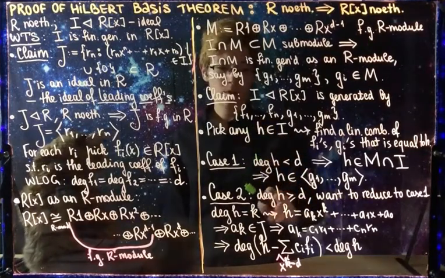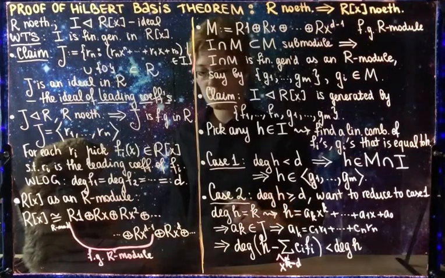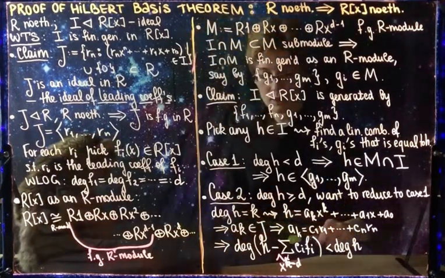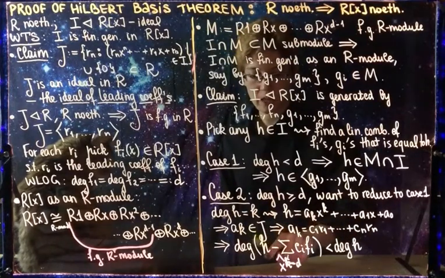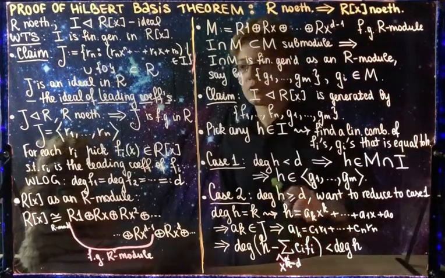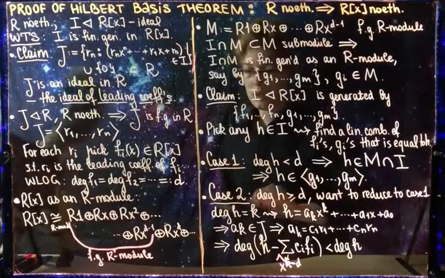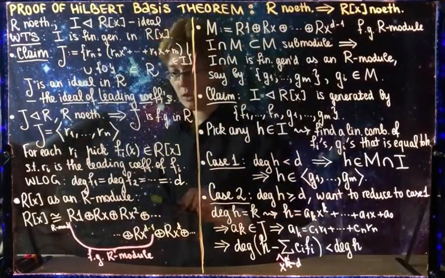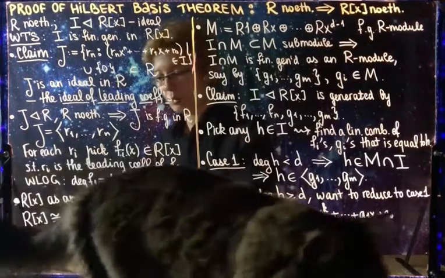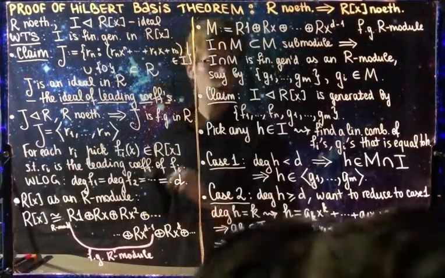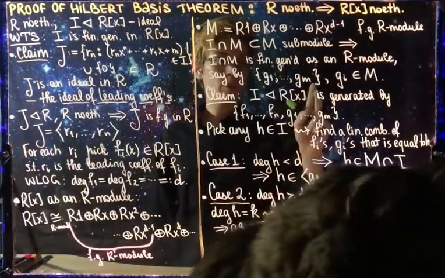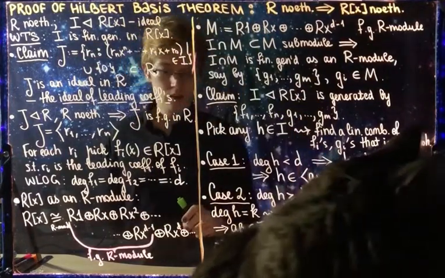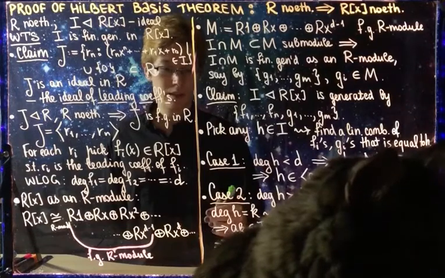If the polynomial h has degree, let's say d, then we can subtract from h a linear combination of fi's to get a polynomial of smaller degree, and then it will be generated by the gi's, etc. by induction.